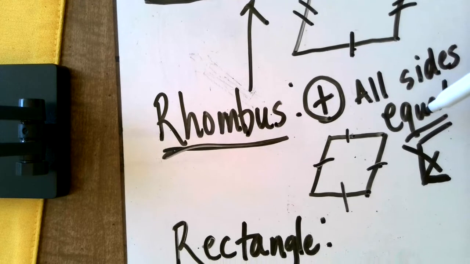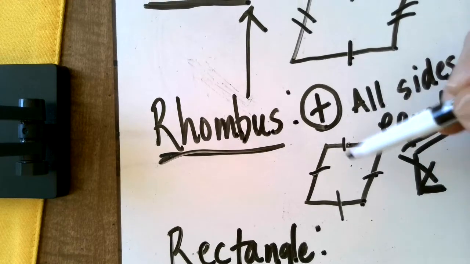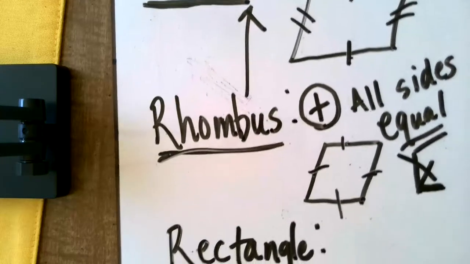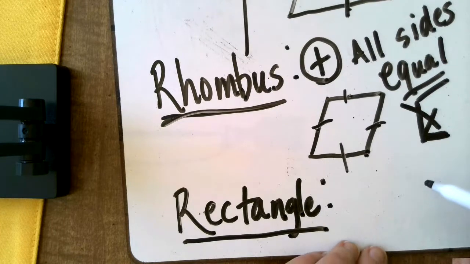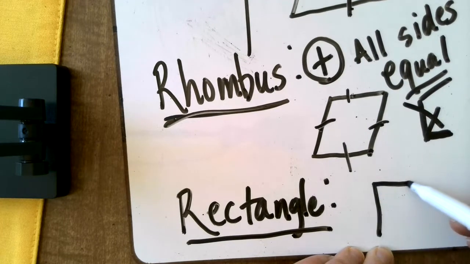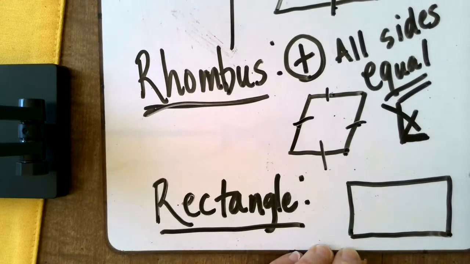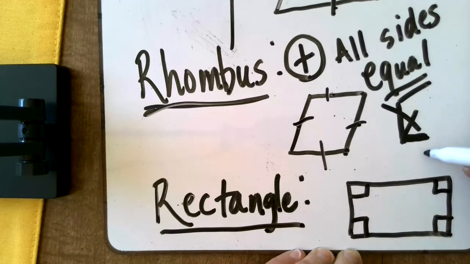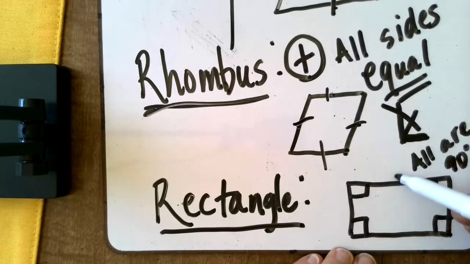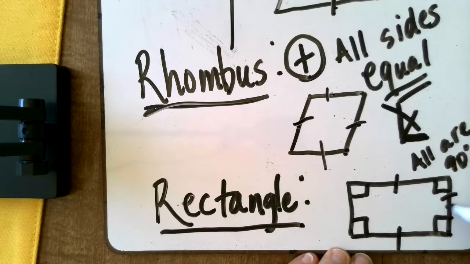I guess it really doesn't build upon a rhombus, except that it does have parallel sides. It has two sets of parallel sides. But we now are going to add that right angle, 90 degrees. So all angles are 90 degrees now. And this side and this side are parallel. This side and this side are parallel. So that would be a rectangle.